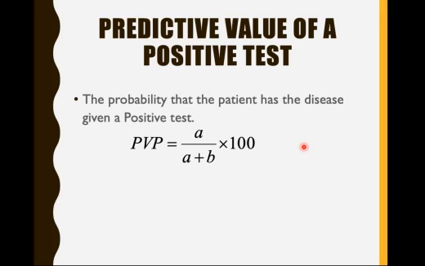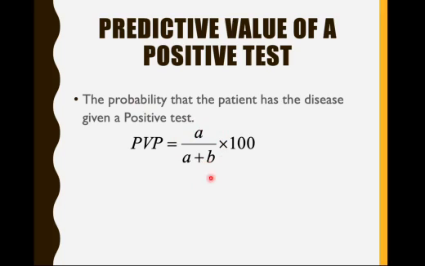So let's first talk of predictive value of a positive test. Again, the predictive value of a positive test is the probability that the patient has the disease given that the test is positive. So, if the test is positive, what is the probability that the patient actually has the disease?